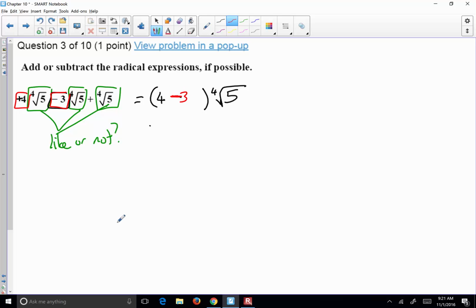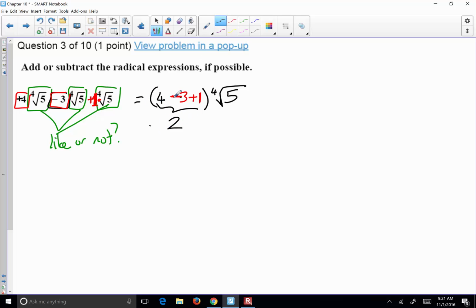Yeah, we still have another one here, plus, again, if a radical doesn't have a number in front, it's 1. So you need to have that here. So you carry all the numbers in front into parentheses, one sample radical, and you're done.